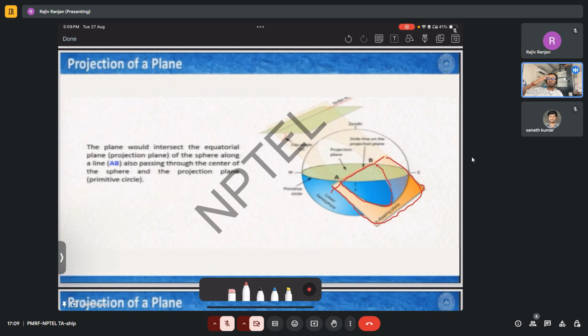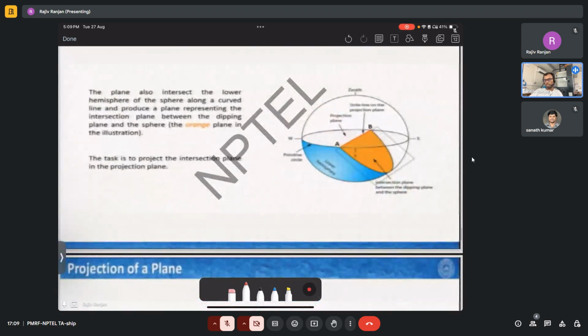When you put a plane in a hemisphere, it will be a circular arc, cutting like this. You can see from here A to B, it is intersecting. Remember this plane, the orange color marking the plane cutting the sphere.